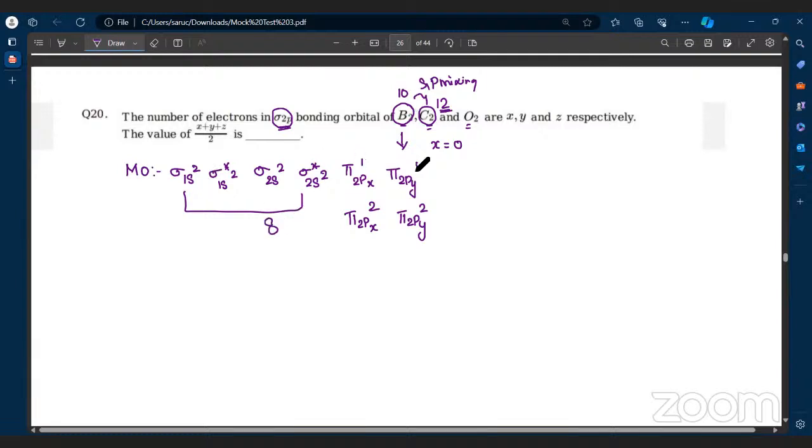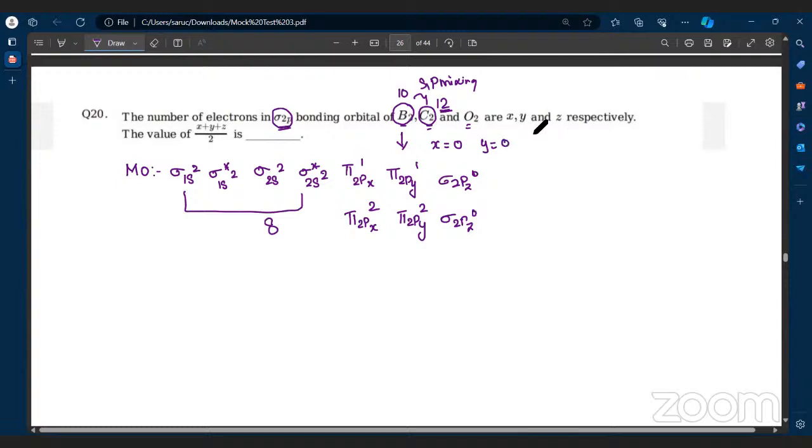For B2 it is 1 and 1, which makes 10, so for C2 it should be 2 and 2. So 8 plus 2 is 10, plus 2 is 12. So what will be the Y value over here? There is no electron in sigma 2pz, so Y is equal to 0.